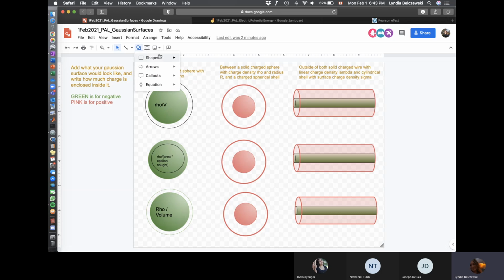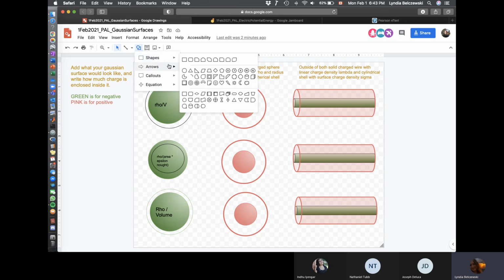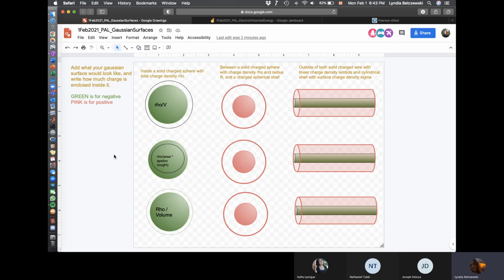I'm just looking to see, can I make check marks on this? It's looking like I can't. Well, I'll just say it in words, I guess. This second system here, that looks really good. You've got your Gaussian sphere. I think it's supposed to be a sphere. And it's inside the charged sphere.